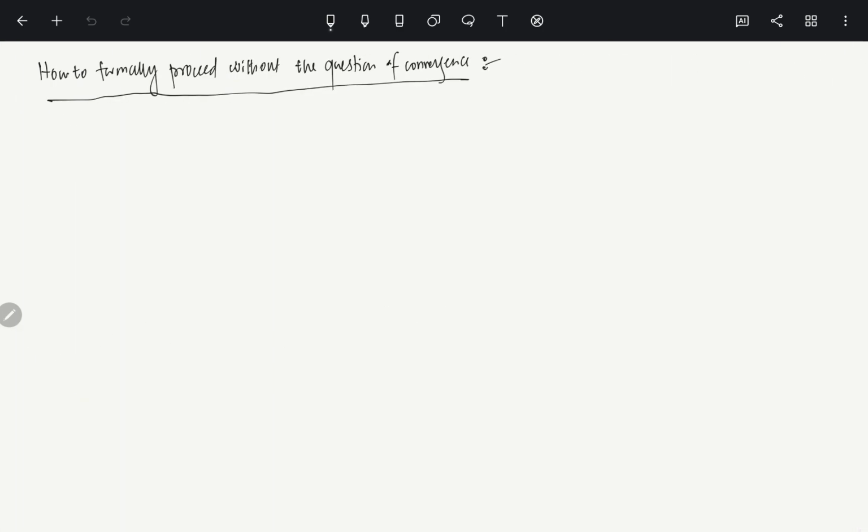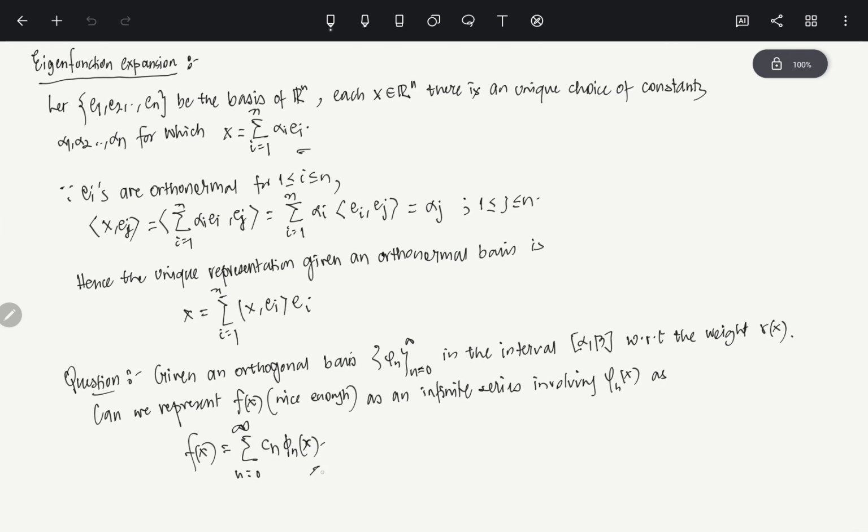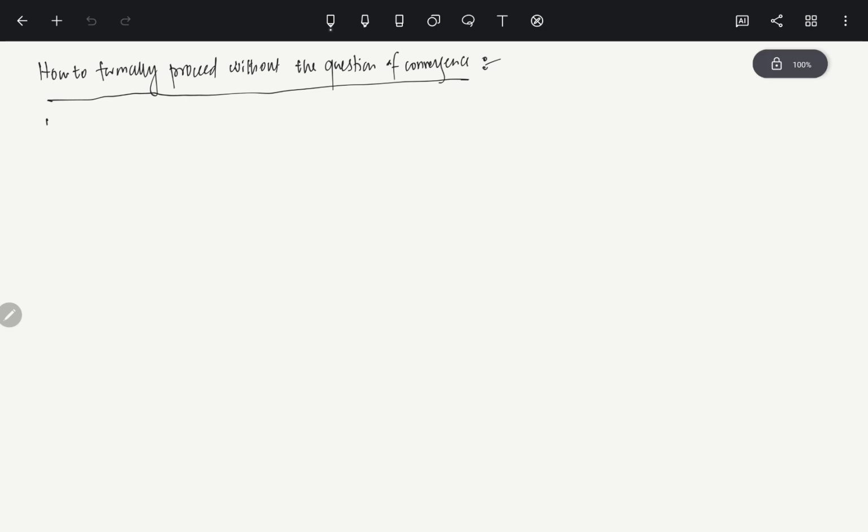Let's call this equation 1. We multiply 1 with r(x) phi_m(x), and integrate between alpha and beta.